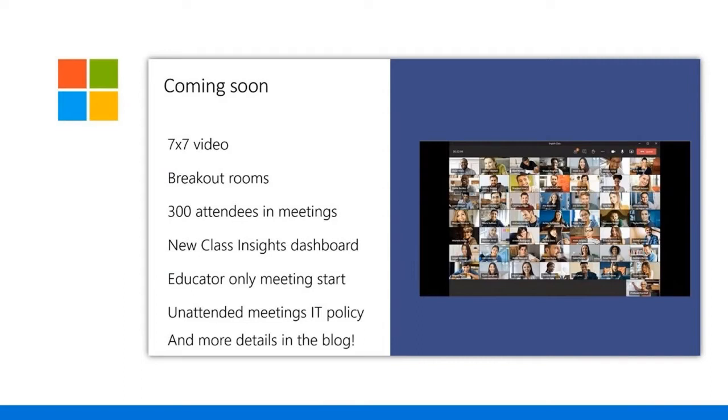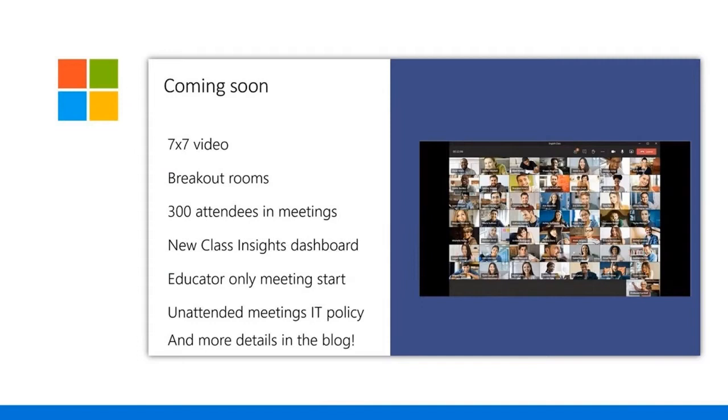Coming very soon also are breakout rooms, which are really handy when trying to run a live event. We can also now have up to 300 people in a meeting. There are new class insight dashboards. There's also an educator-only meeting start and finish, and we'll show you how to finish a meeting as opposed to leave a meeting.